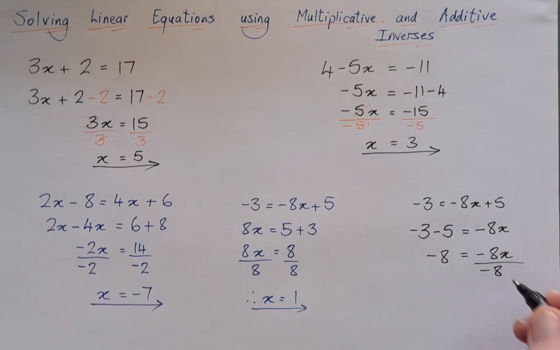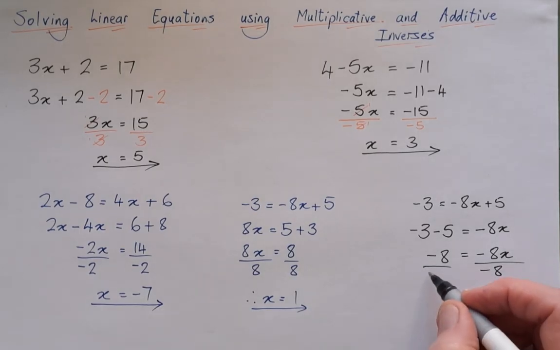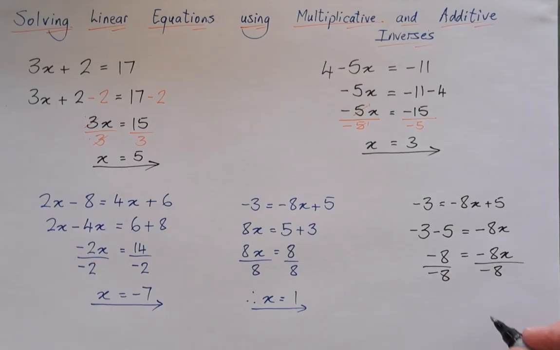Here it's negative 8. Therefore, I must do the same thing to the other side. And therefore, I'm going to get x equals negative 8 divided by negative 8 is 1. So I'm getting exactly the same answer. I did it in a slightly different way, but I adhered to all the mathematical rules, and therefore I will get the correct answer.